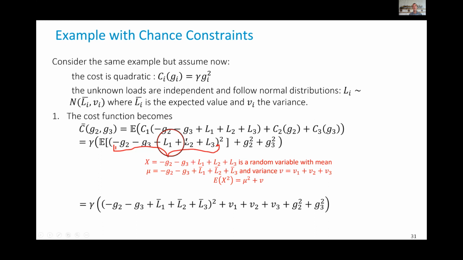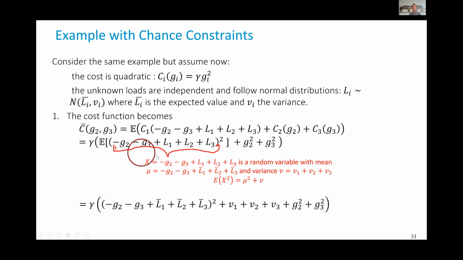So if I sum three independent Gaussian random variables, I also obtain a Gaussian random variable. The mean is the sum of the means, and the variance is the sum of the variances. The variance of L1 plus L2 plus L3 plus a constant is not modified by the constant, so it's the sum of the three variances. So this is a random variable with this mean and variance the sum of the variances.